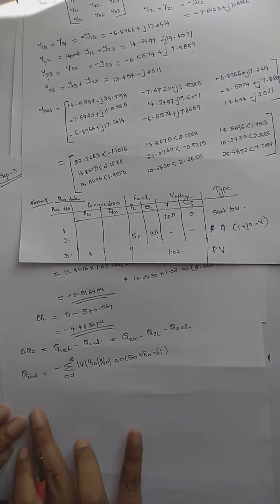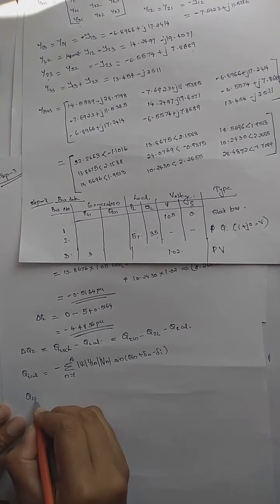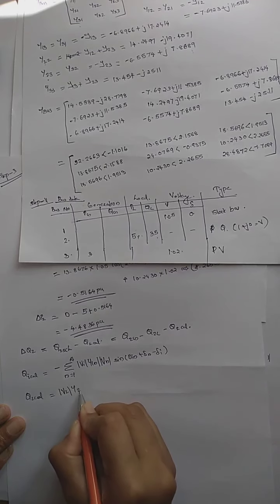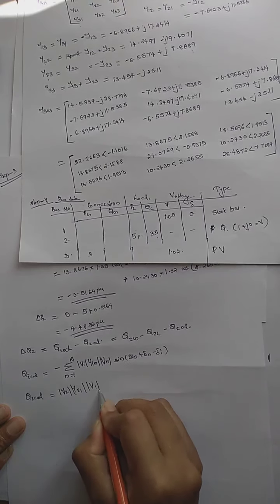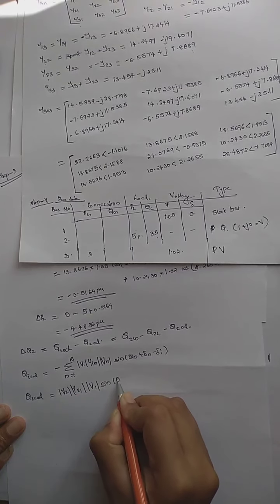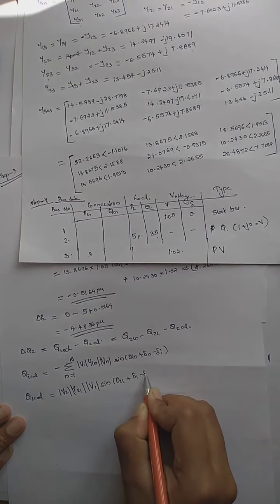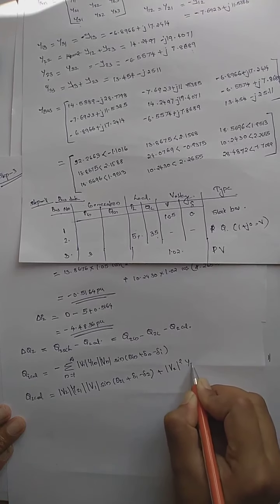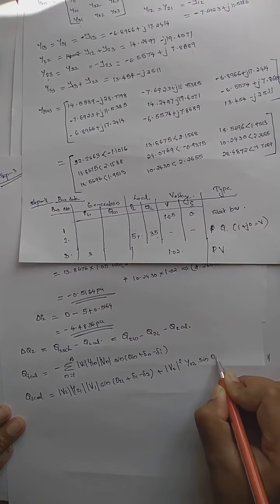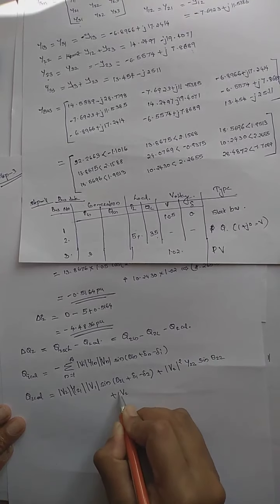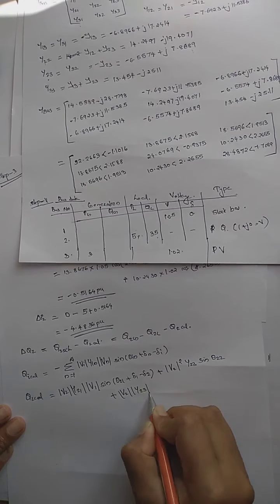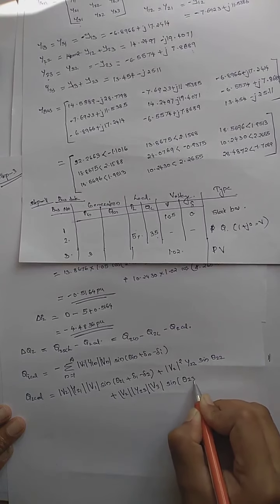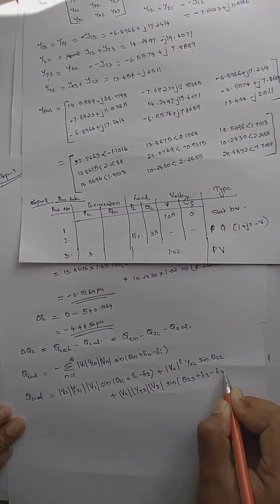This is the equation for Qi calculated. So I am going to calculate Q2. That is equal to V2 Y21 V1 sin theta 21 plus delta 1 minus delta 2 plus V2 square Y22 sin theta 22 plus V2 Y23 V3 sin theta 23 plus delta 3 minus delta 2.